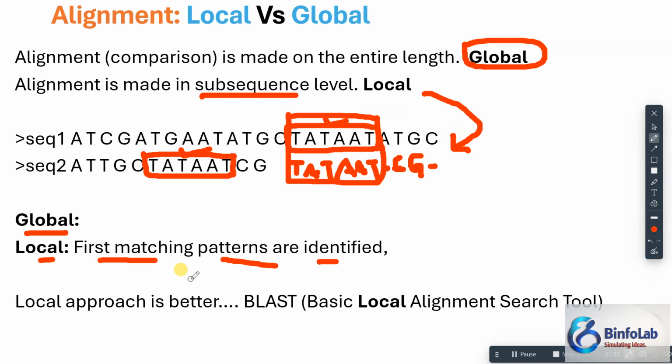Now you will understand why BLAST is called Basic Local Alignment Search Tool: because it is a tool that searches for alignments against different databases, it performs alignment, and it's basic level so anyone can use it.